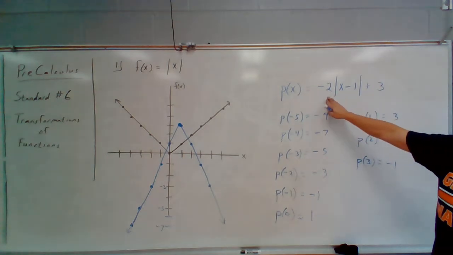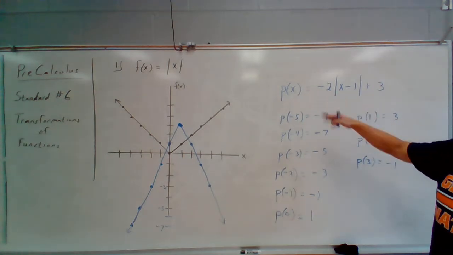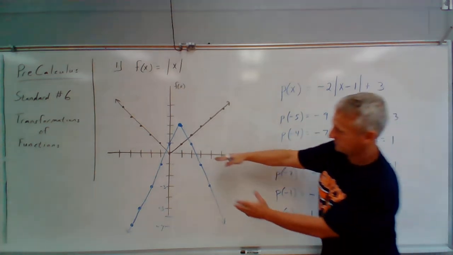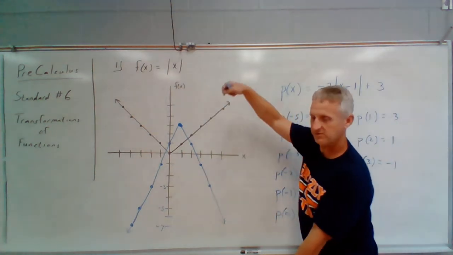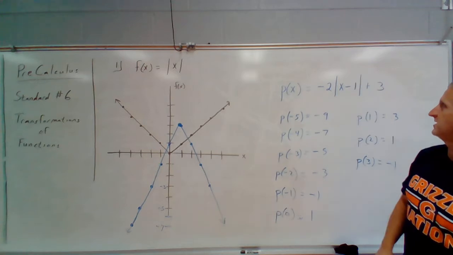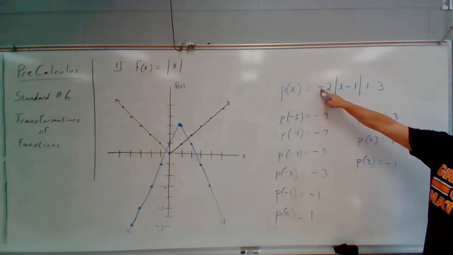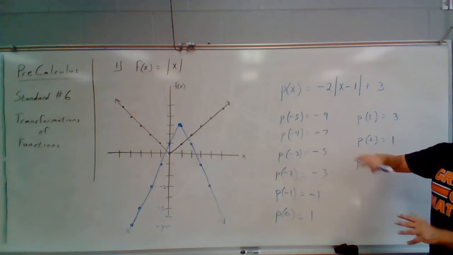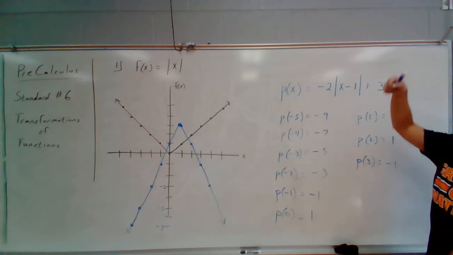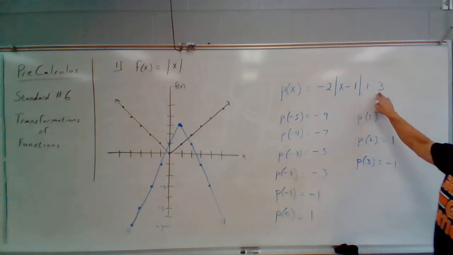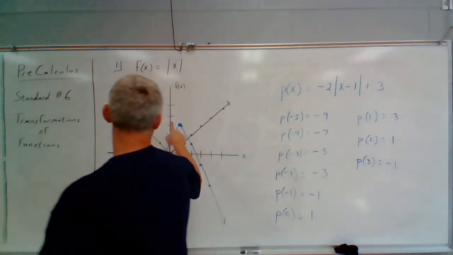The negative 2 flips it across the x-axis and stretches it out. So notice the blue graph is stretched more, it's skinnier, it's been stretched vertically, and it's also upside down. So the negative flipped it, and the 2 stretched it vertically and multiplied all the y values by negative 2. The plus 3 shifted it up 3.